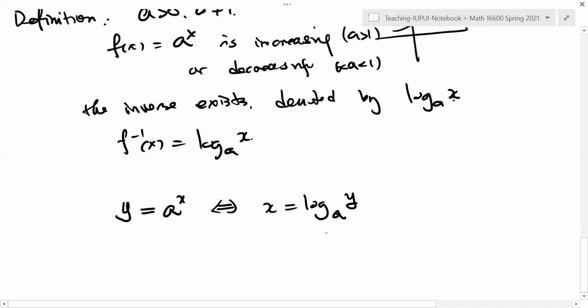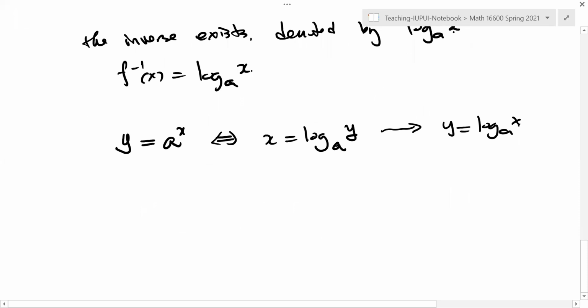So you get a function, but in the variable y. But traditionally, we always use x as the input variable. So you switch the variable, and you get the log of x with base a.